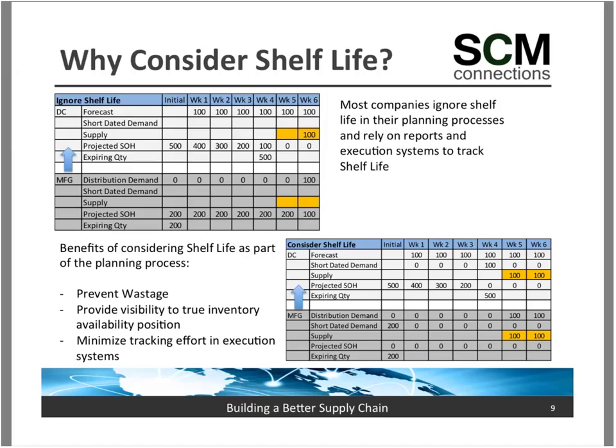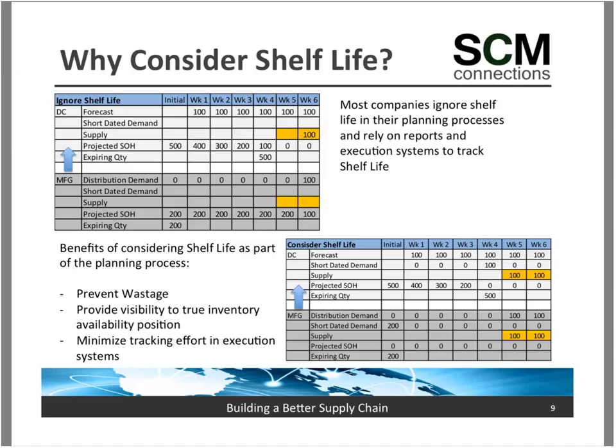So I guess, in terms of some of the benefits, you're preventing wastage, and that's a big thing. You're providing visibility to true inventory that's available, and not just your standard inventory that's coming over without any kind of expiration dates.